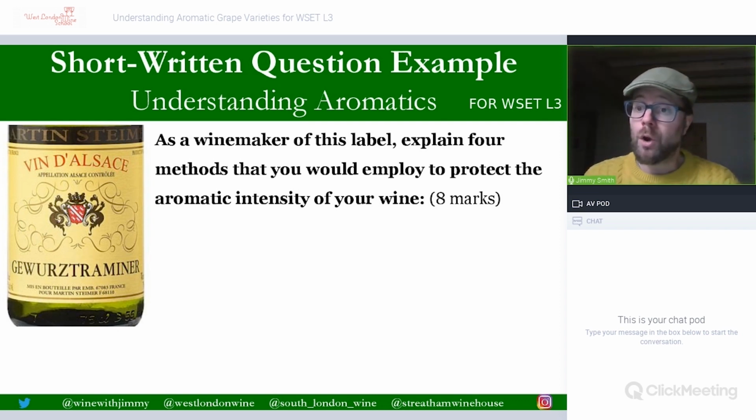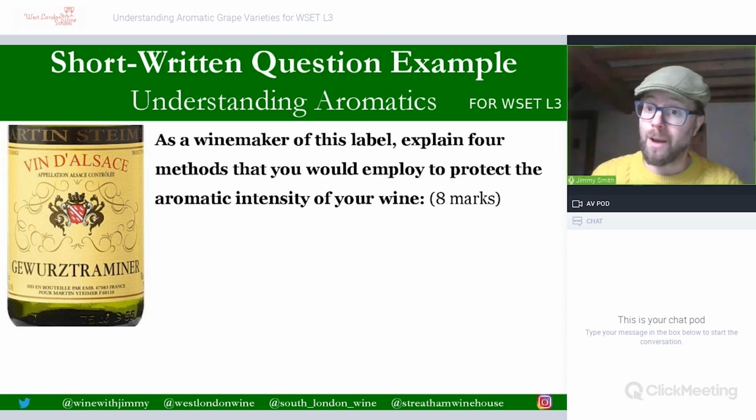Now, the student didn't know how to answer that because they had not understood what an aromatic grape variety is. Once you understand what an aromatic grape variety is, and which ones they are, you can answer this question. It can be answered for Gewurztraminer, Sauvignon Blanc, Torrontés, Muscat, Riesling. They're the major ones. The student thought that they had to know everything about each grape variety.